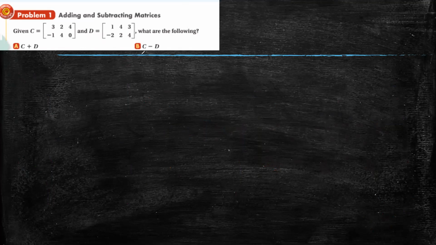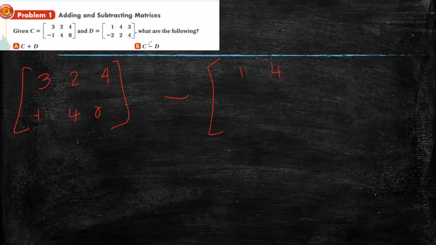Now, let's subtract them. To subtract them, you have to do the same. Here we have 3, 2, 4, negative 1, 4, 0, minus 1, 4, 3, negative 2, 2, 4. Let's now subtract them. They have the same dimension? Yes.